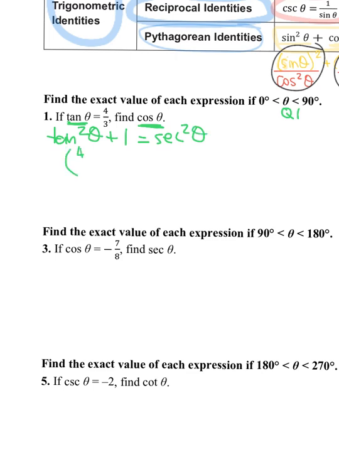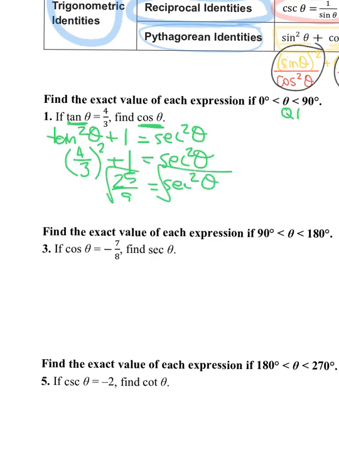And I'm going to plug in 4/3 for tangent, and I'm going to square it, plus 1 is equal to secant squared theta. All right, so that gets me 16/9 plus 1, which is 25/9. And I'm going to square root both sides. Remember, this gets me plus or minus.